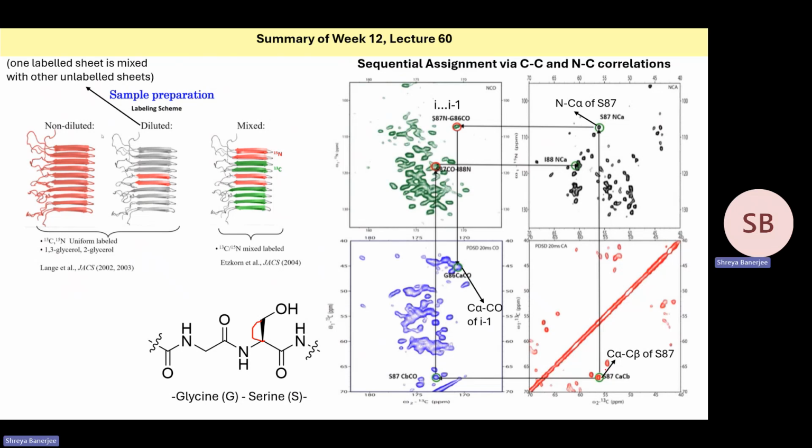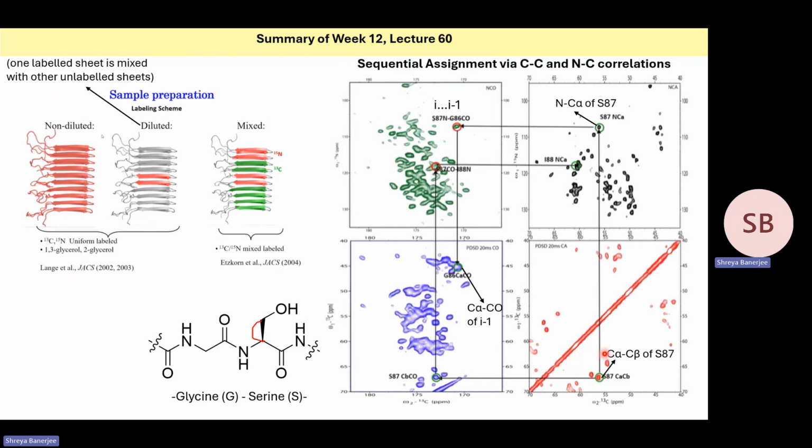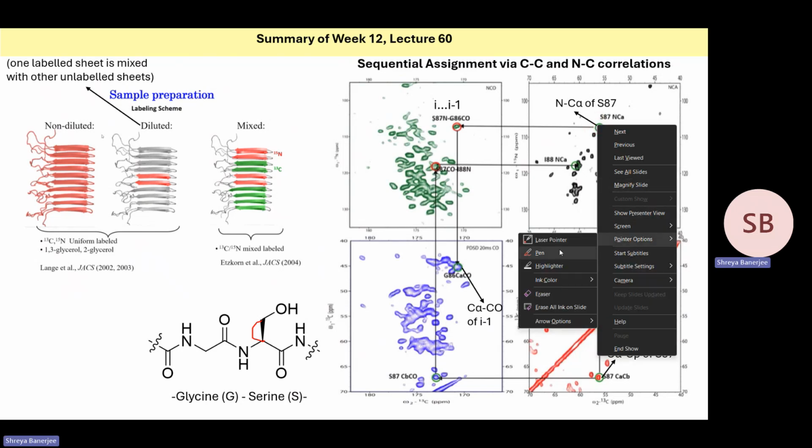Then you follow the spectra to this upper spectrum, which is the 15N-13C spectrum. If you follow the C alpha of serine, so we will follow it in the vertical line. So this will be NC alpha.